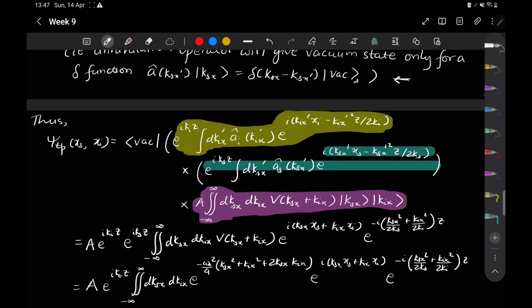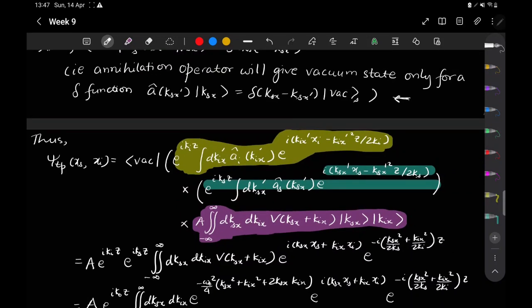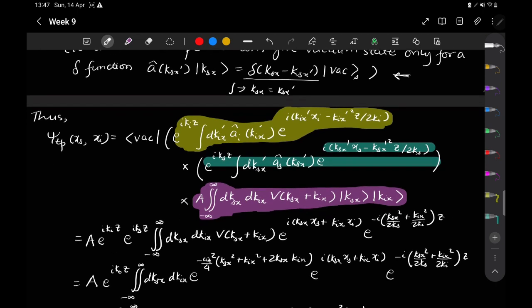So what that does is it basically makes kix prime equals kix and ksx prime equals ksx. This delta function will give you this upon integration. So that's what is happening. Kix prime is replaced with kix and ksx prime is becoming ksx.